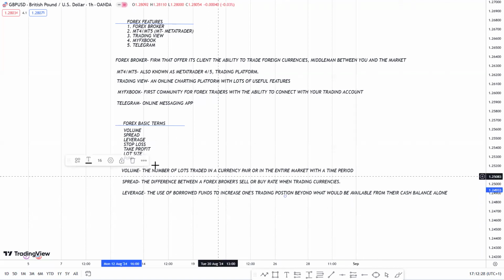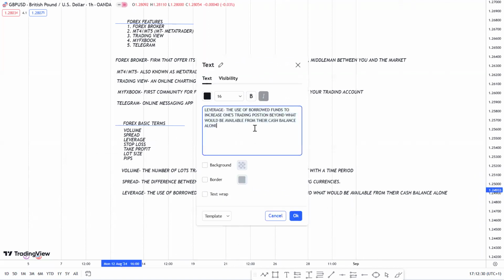So, another information that's crucial you must know is that leverage can be used to profit from small price change.